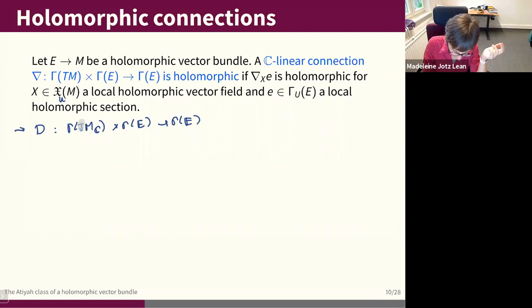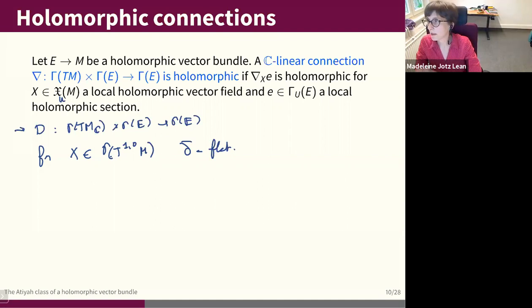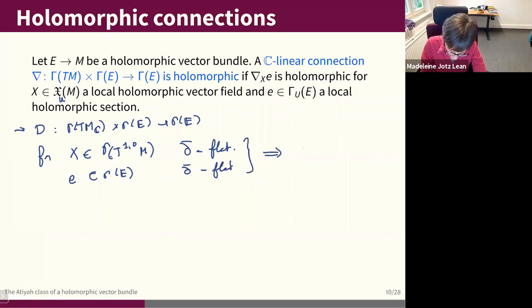And what we're really asking is for X, a section of T^{1,0}M that is del bar flat, where this is the del bar operator of the holomorphic structure on TM, the tangent of the manifold, and e in Gamma(E) del bar flat, we want again d_X e to be del bar flat, right?